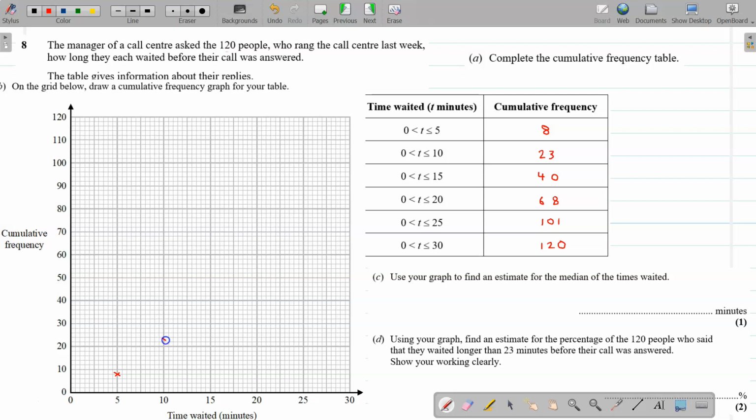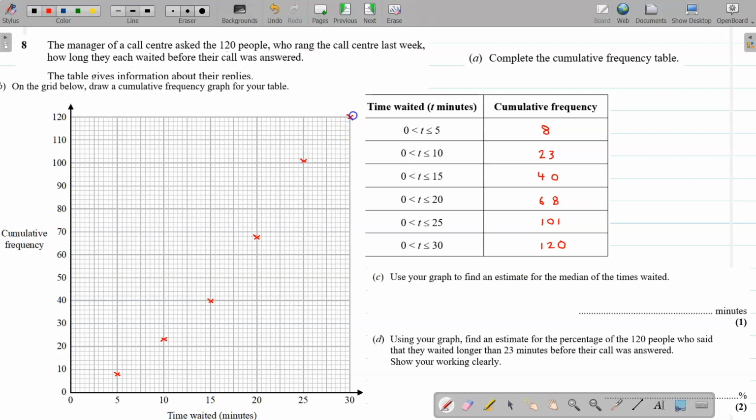You should be able to plot half a square, and at 15 we plot 40, that's right on there, and 68 goes at 20, so that's 70, 68 there, and we've got 101 at 25, so that's just there, and finally this one up here.